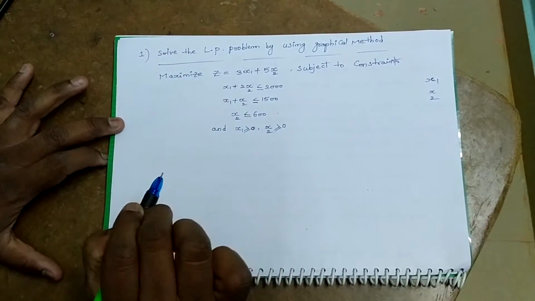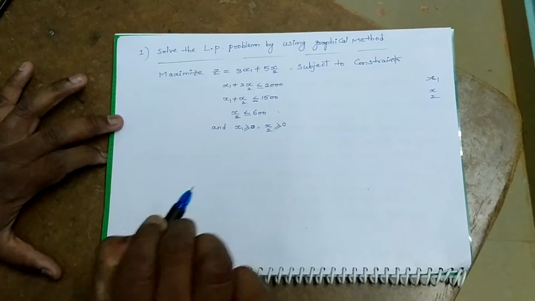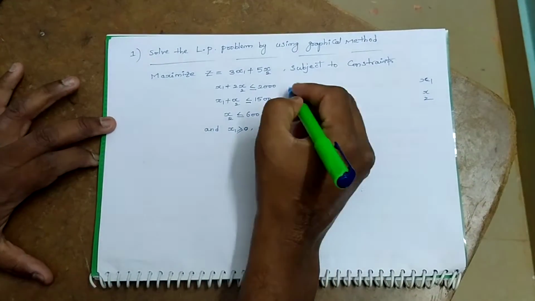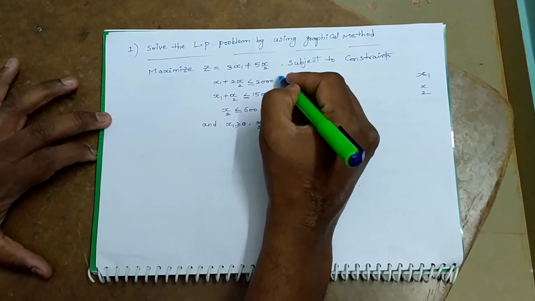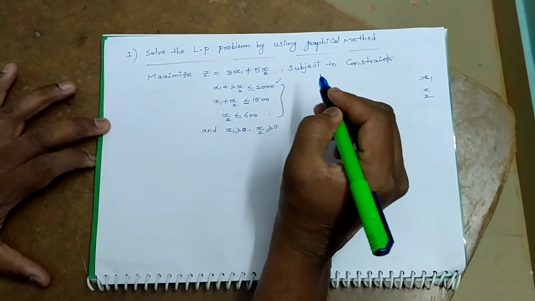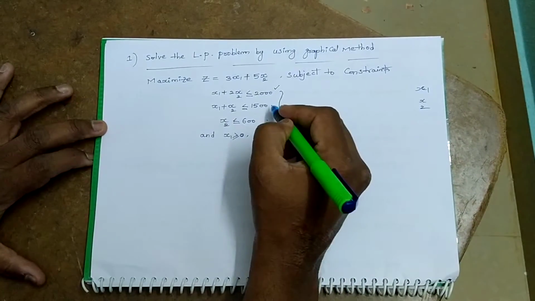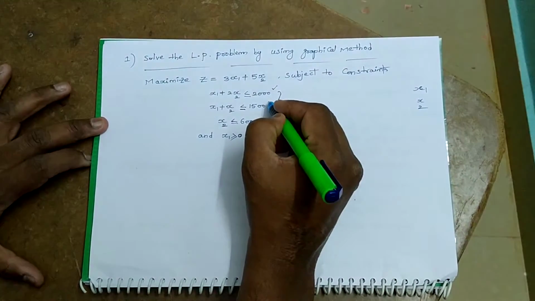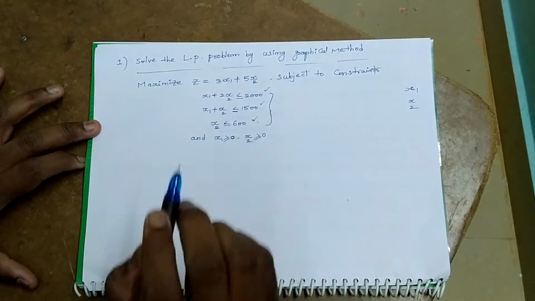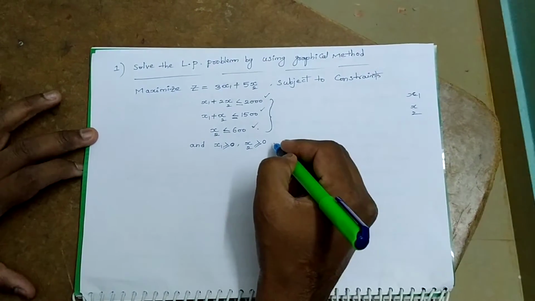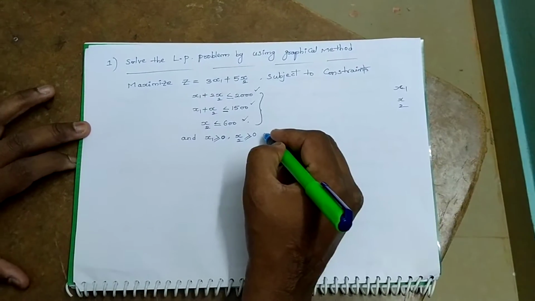We are supposed to find these values of the decision variables subject to the constraints. The first constraint is x1 + 2x2 ≤ 2000, the second constraint is x1 + x2 ≤ 1500, and the third constraint is x2 ≤ 600. The non-negativity restrictions are x1 ≥ 0 and x2 ≥ 0.